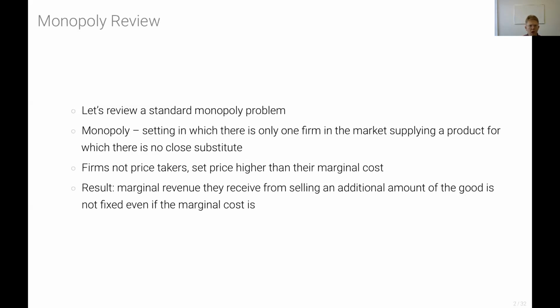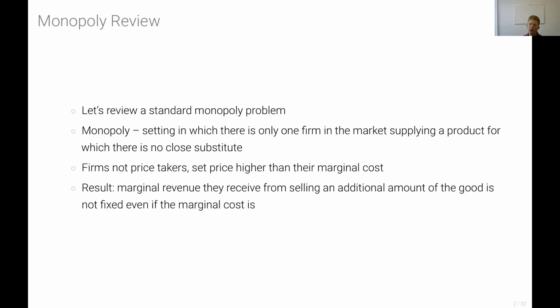Just to review, monopoly is a setting in which there's only one firm in the market, supplying a good for which there's no close substitute. If a monopoly is the only firm in the market, then it's not taking a price that's given. The monopolists are not going to be price takers.